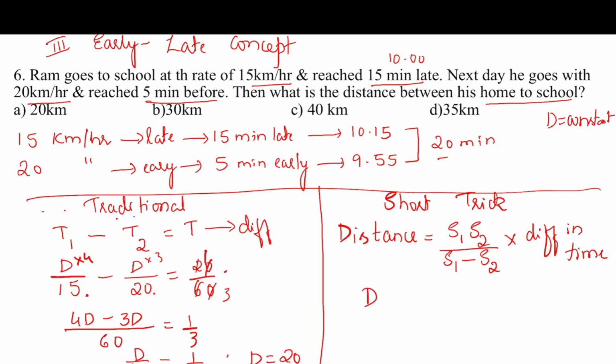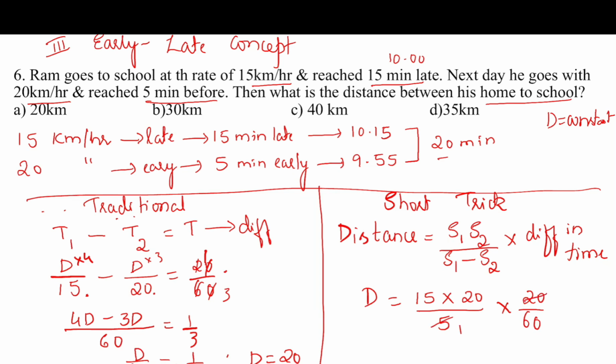Okay, so D is equal to speed 1, we know it is 15 km per hour, speed 2 is 20 kilometers per hour, then the difference between them, s1 minus s2, 20 minus 15 or 15 minus 20, just forget the negative sign, just take the difference between them. So it is 5, into difference in time is 20 minutes, isn't it? That also in hours, 20 by 60.